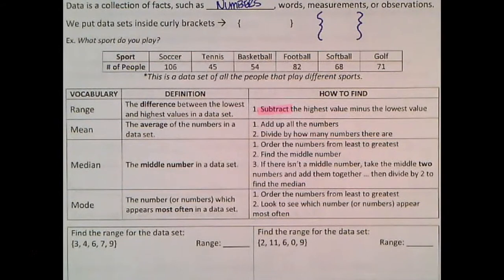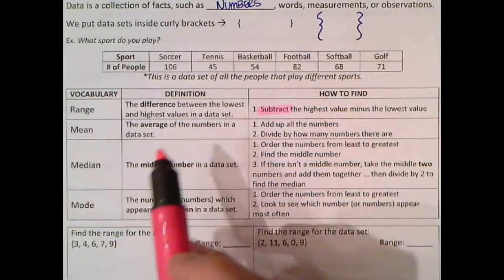Typically when we talk about the mean, like we talk about a class average of something. So when you get to middle school and you start getting A's, B's, C's, D's, and you get graded on a scale from 0 to 100, they'll start talking about like the class average on our test was like an 85. So that tells you what we're doing is we're averaging all the numbers in a data set.